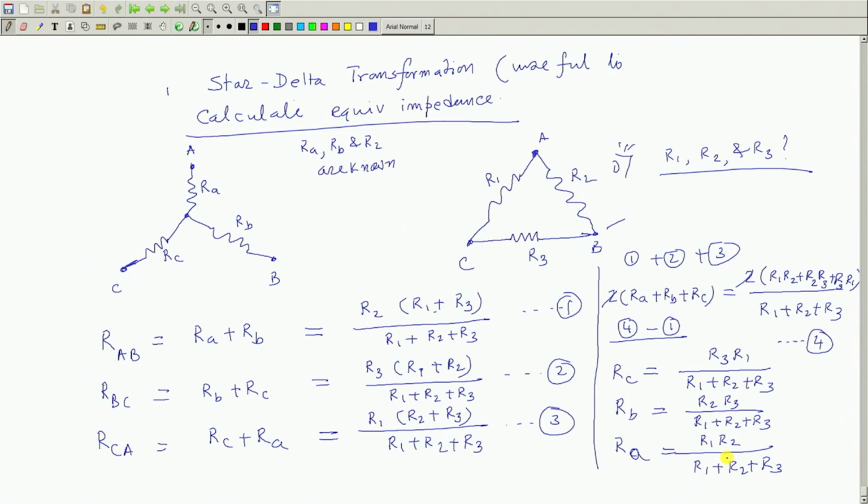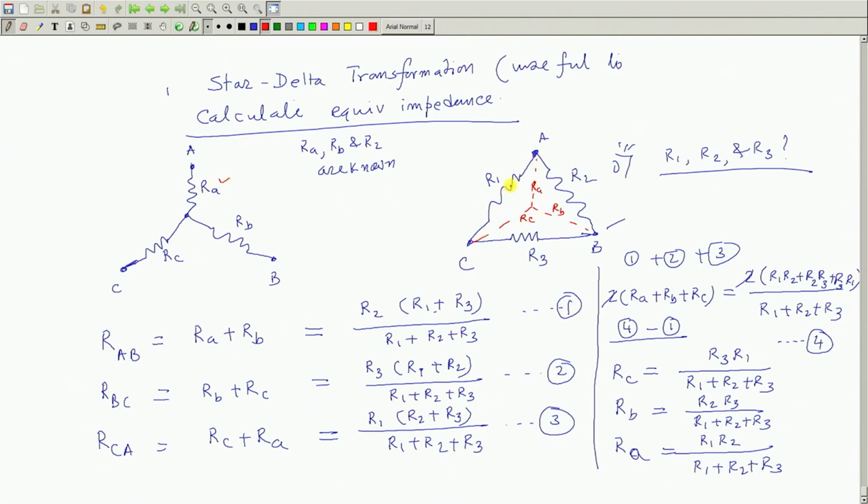Suppose I am now telling that if R1, R2, R3 are known, then I will be able to calculate the equivalent star representation quickly. That is, this one can be represented by one RA here. This one can be replaced by RB and this one can be replaced by RC. What will be the value of RA?